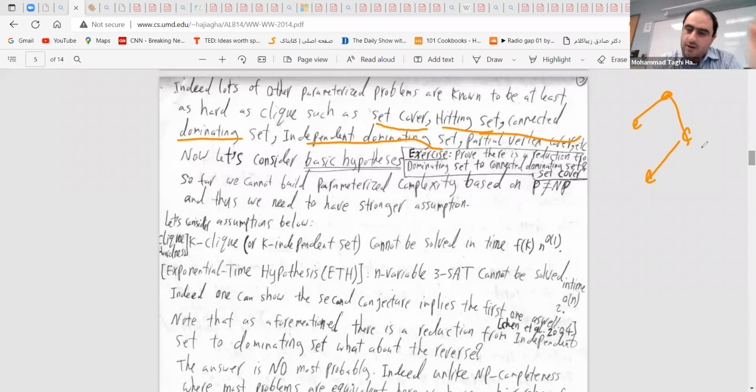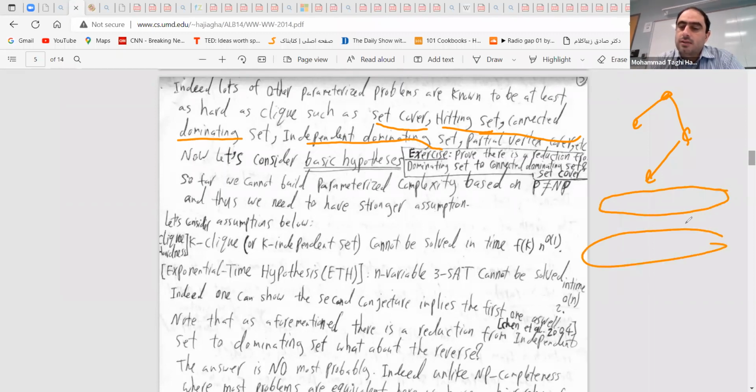And a set cover I have mentioned is very similar to a dominating set. In this problem, you are given sets here and elements here. And here, each set is attached to the elements here. You want to select the minimum number of sets here such that you cover all elements.